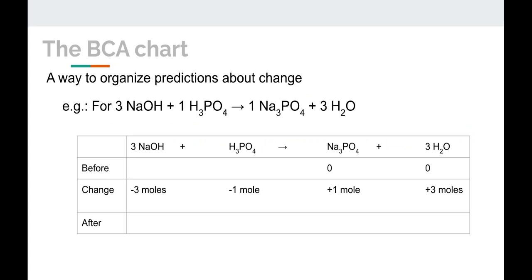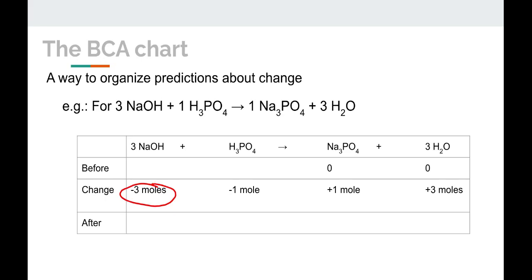The BCA chart, or before change after chart, is a useful way to organize predictions about change. This is especially helpful when you're starting out. There are more efficient ways to do these calculations, but this is a very good way to start thinking about these changes. The change line, the middle row, shows the stoichiometric equivalencies. We have a minus 3 moles under sodium hydroxide because it's losing sodium hydroxide.